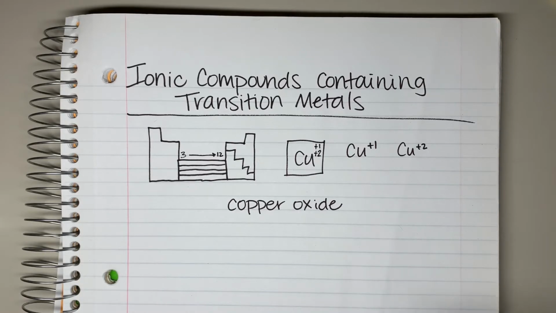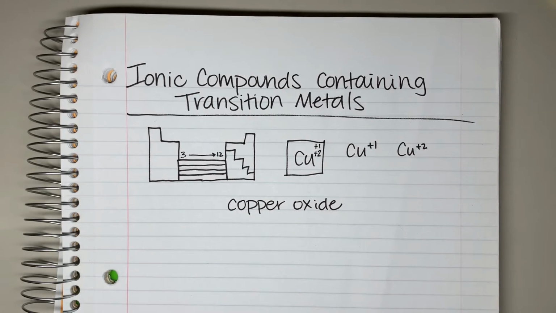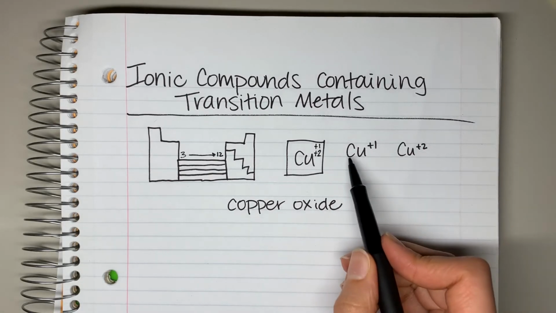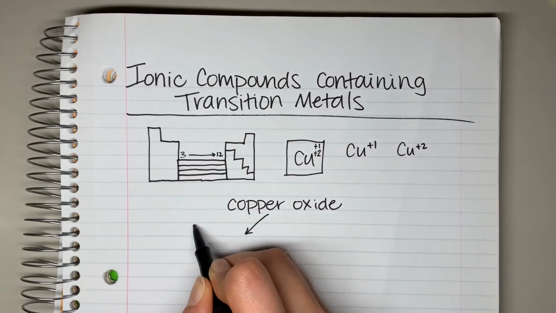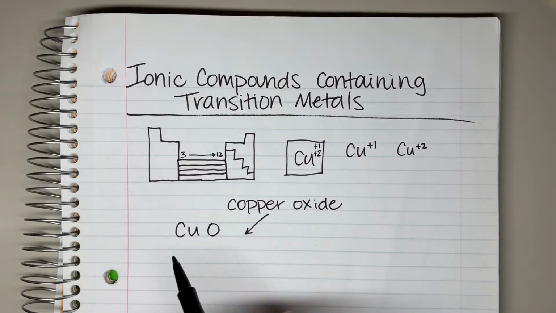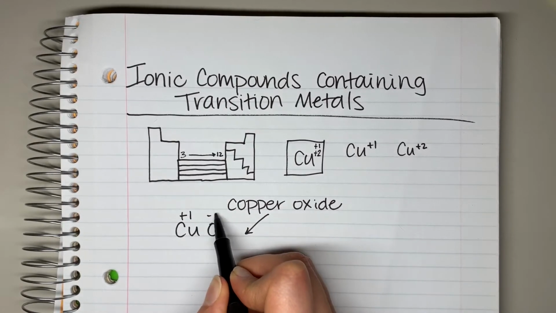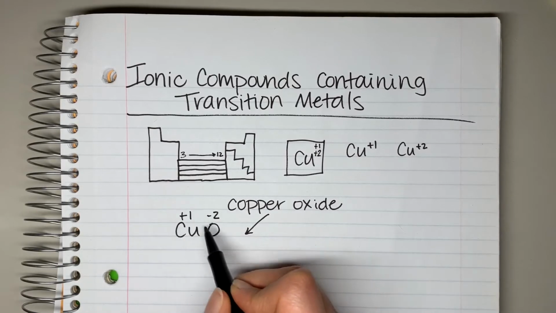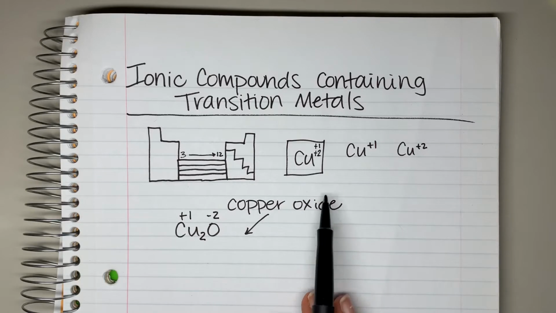The importance of this is that if we were left alone to guess which one of these coppers to use in writing the formula, let's say that we chose copper with the +1. Copper is Cu, oxide is oxygen. If we chose copper with the +1, and we know oxygen is a -2, when you crisscross those, that would be your formula for copper oxide with the +1 on the copper.